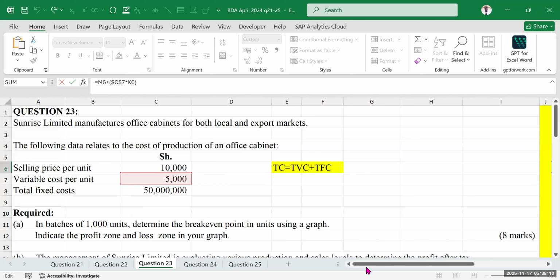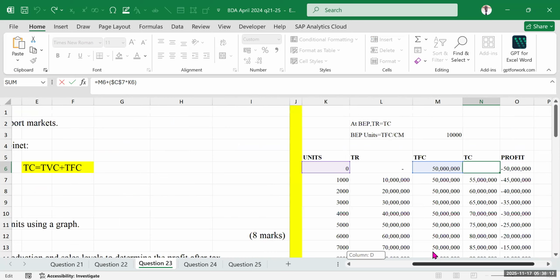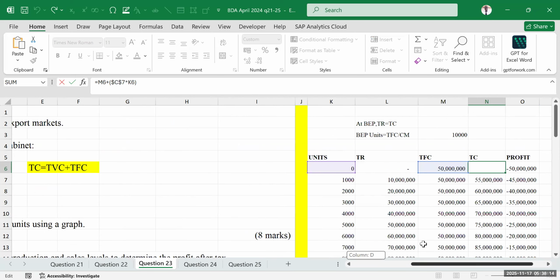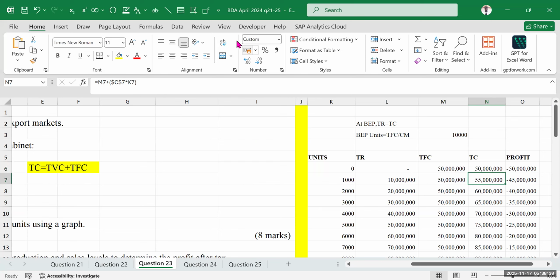Refer to this cell and fully lock it, then multiply by the number of units. So you refer, but do not lock the units column, because you want to autofill. That's how you get the total cost: total fixed plus total variable, where total variable is variable cost per unit times the number of units. I hope Metrin or any other person who did not get it, now you should be good. All right.